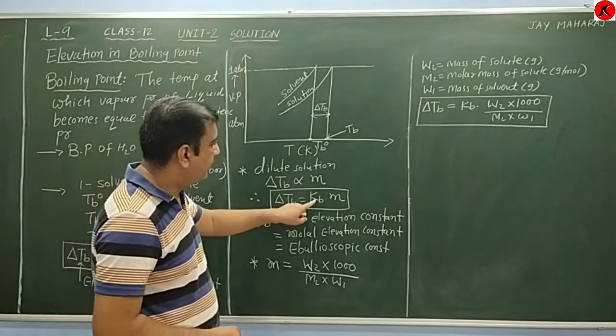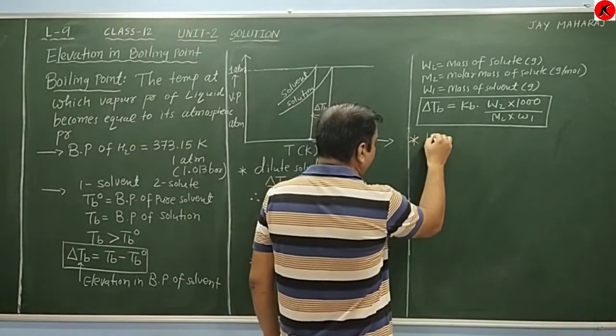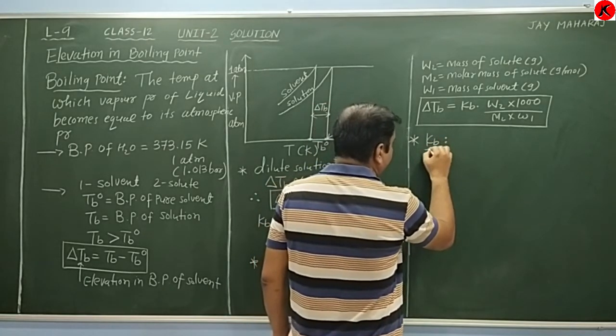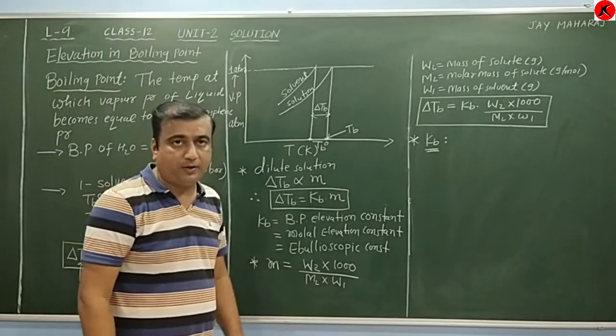Now about Kb: the definition of Kb and the unit of Kb. So what is the definition of Kb? delta Tb equal to Kb into m.